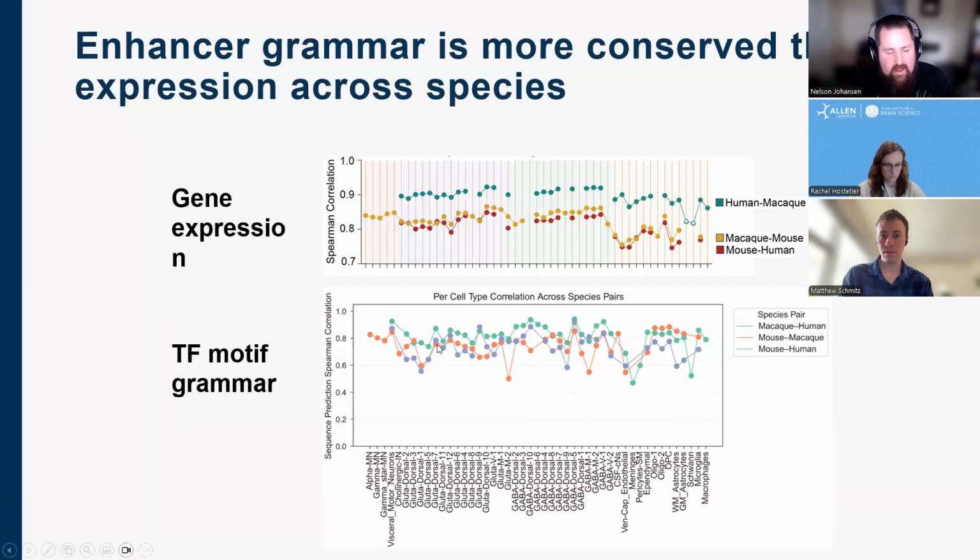And on the bottom is how similar the same pairs are based on their usage of TF motif grammars. It's interesting to see that these motif grammars are deeply conserved across species, even more so than gene expression. So there are these core elements of DNA that all species use to define cell type, which is pretty exciting to see.